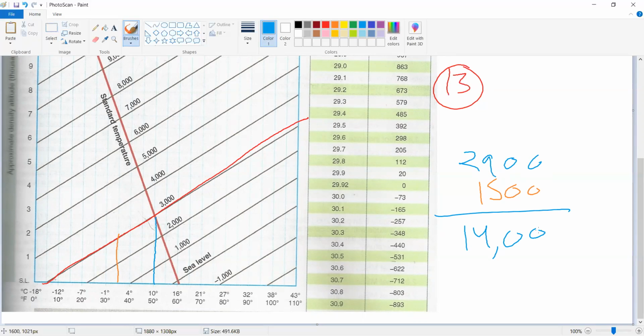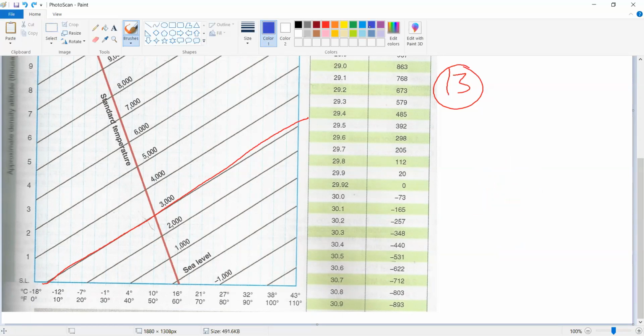I believe I had made a mistake. Let's go back and see what I did wrong. So we're at 3,000. 35 is over here. That's at about, I would say, 1,500.